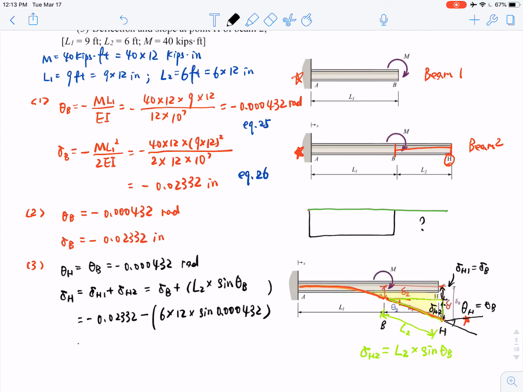Okay, and here you will get negative 0.0544 inch. Okay. Here is the final solution of the deflection at point H in beam 2.